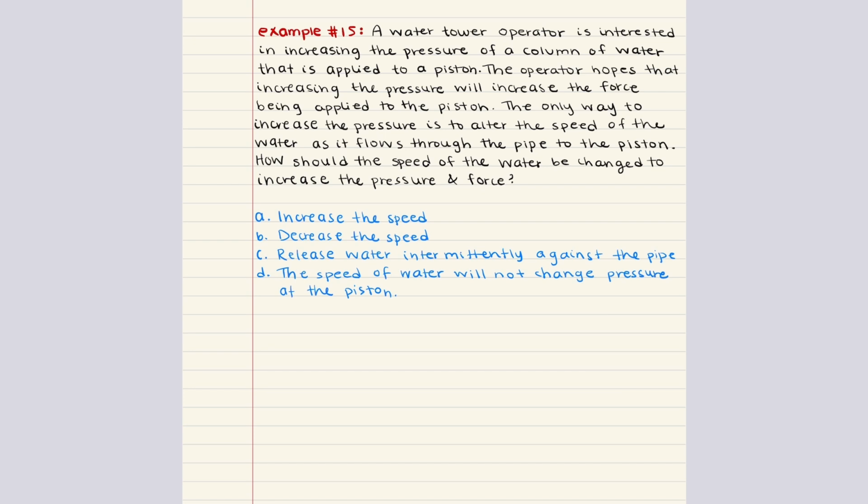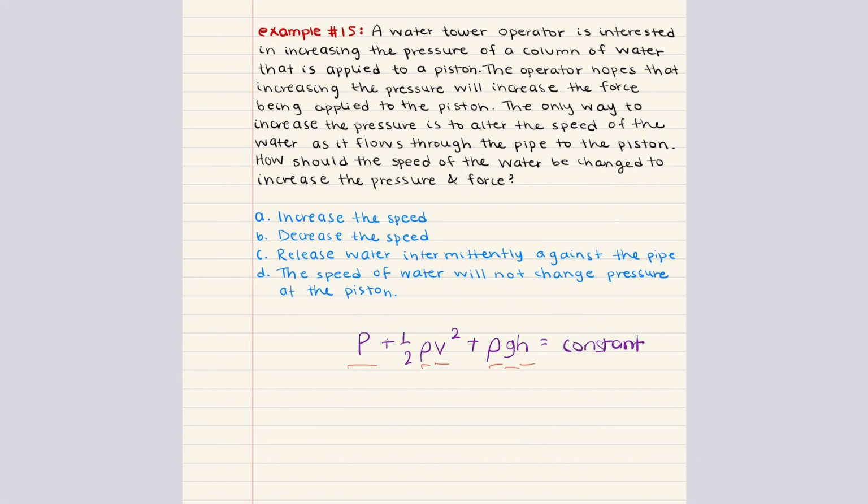To answer this question, we have to remember Bernoulli's principle. This is a fundamental concept that relates the pressure and velocity of a fluid such as water moving through a pipe. Bernoulli's equation for a fluid in motion is given by this equation right here, where P is the pressure of the fluid, rho is the density of the fluid, V is the velocity of the fluid, g is the acceleration due to gravity, and h is the height of the fluid above some reference point.